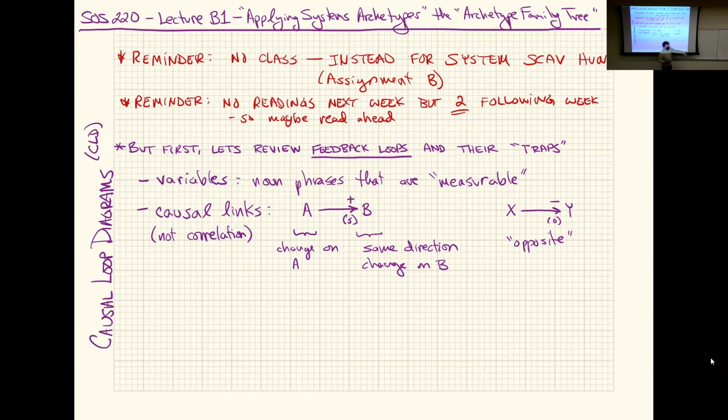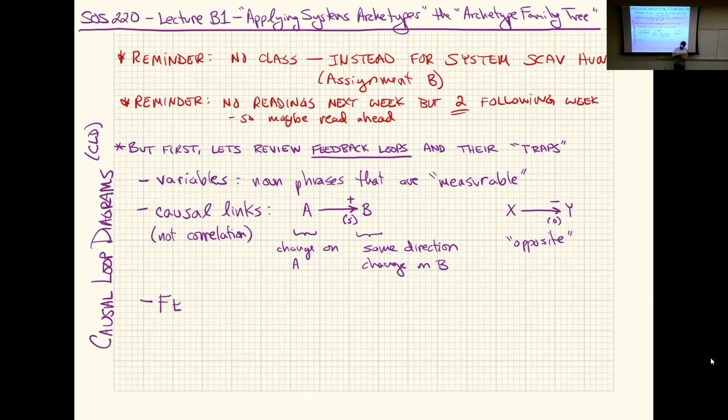As we've learned in the reading, these archetypes are really all about patterns of loops, and so the loops are the important things to find. So it's for finding loops, not necessarily drawing loops. Some really simple CLDs may not have any loops in them, but they're still CLDs. All right, so then our question here is, what about feedback?